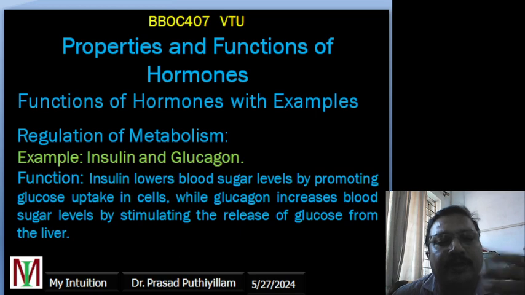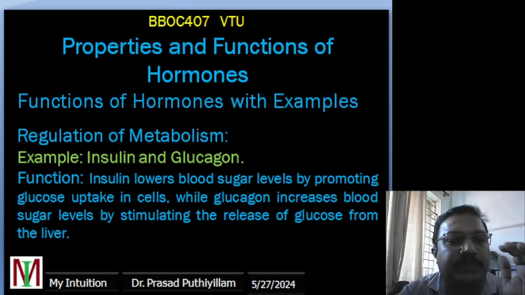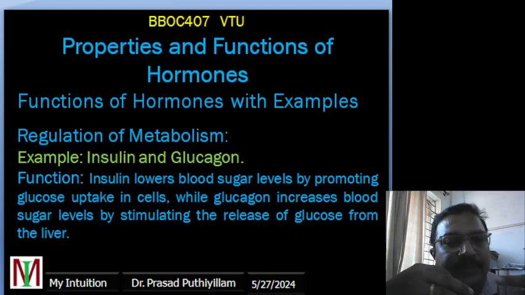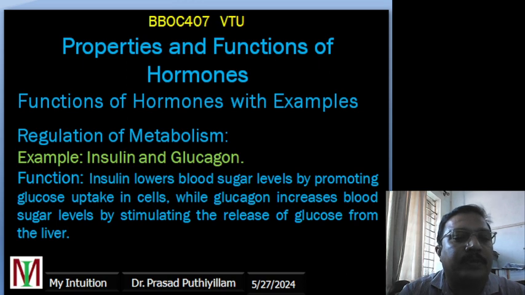Insulin facilitates the conversion of glucose into glycogen by a process called glycogenesis. This glycogen is stored in the liver and muscle cells. It also inhibits the production of glucose by the liver, that is gluconeogenesis.